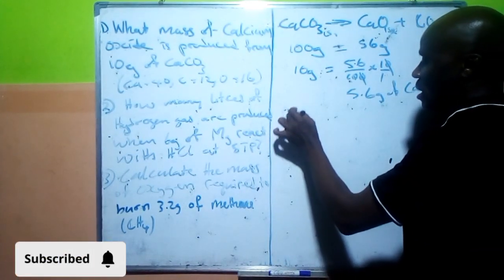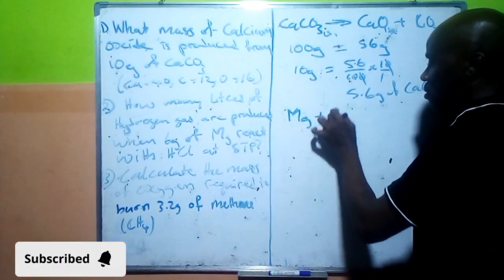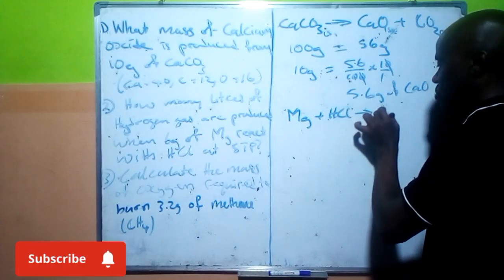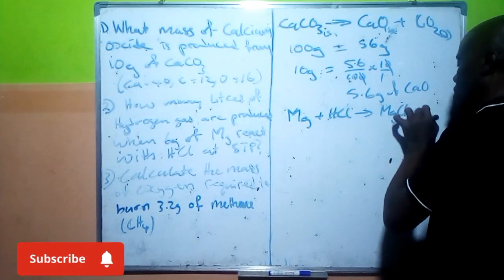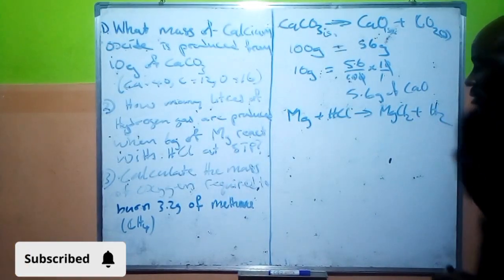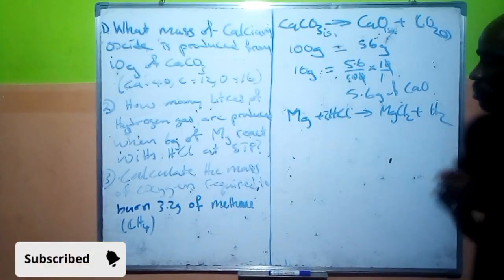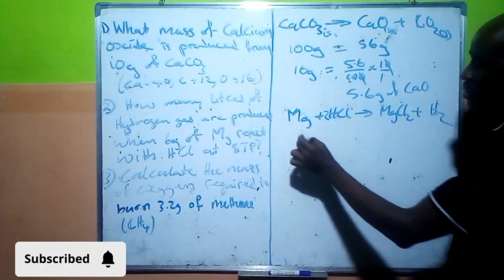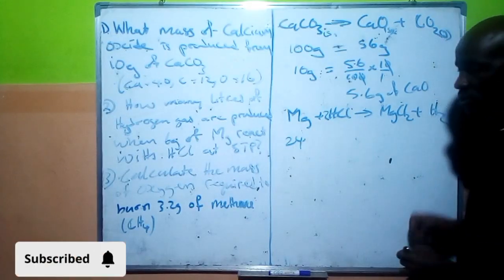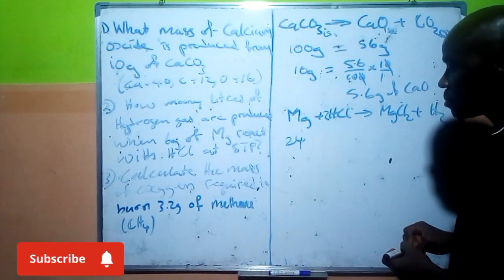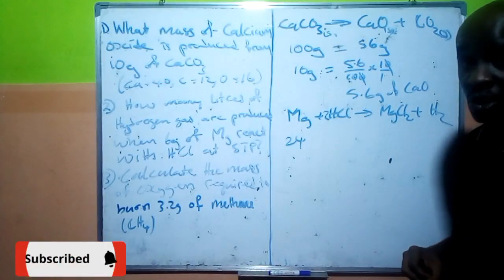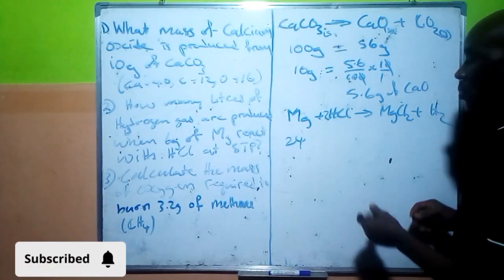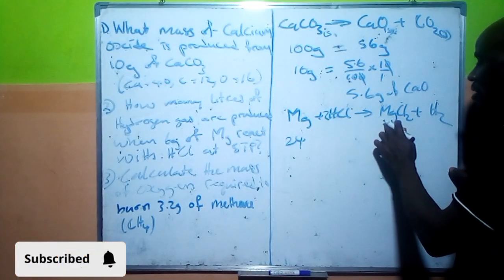So now, based on that, what do we have? The balanced chemical equation will give us something that looks like this. We have magnesium plus hydrochloric acid giving hydrogen gas. From this balanced chemical equation, we know that the relative atomic mass of magnesium is 24.